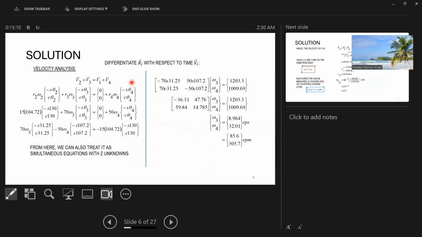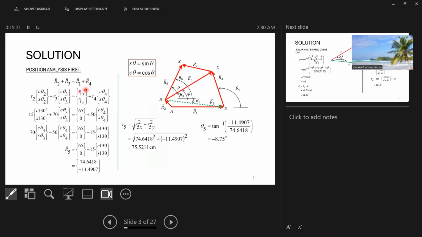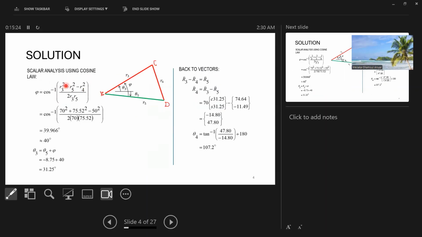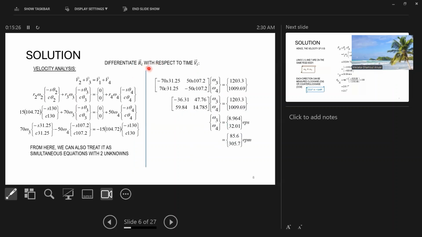All right, after we are done with all the position analysis, we can proceed to the velocity analysis. From here, we differentiate with respect to time, and differentiating with respect to time gives us velocity. Interestingly, we maintain R2, and then we differentiate the cosine. Initially it was cosine theta 2, and when we differentiate, it becomes negative sine.